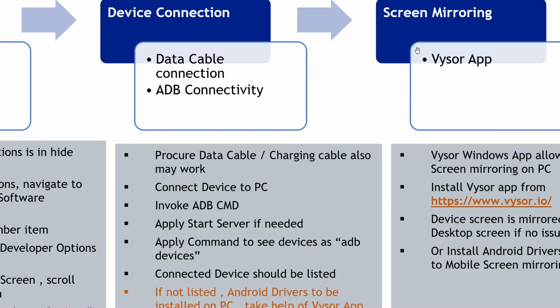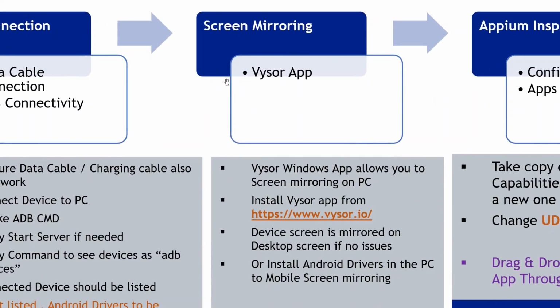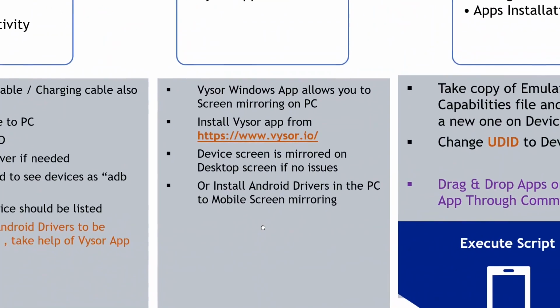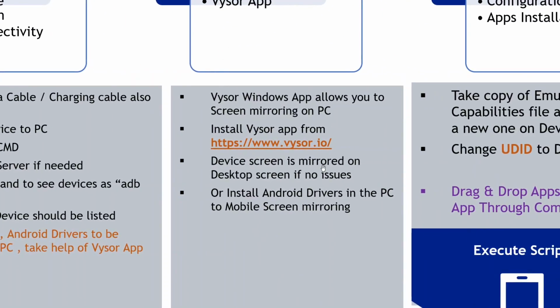This is useful only if you want to share your mobile screen with a third person sitting at a different location. Otherwise, as part of Appium automation, you don't need that. In case the drivers are not there, then you may use this one.